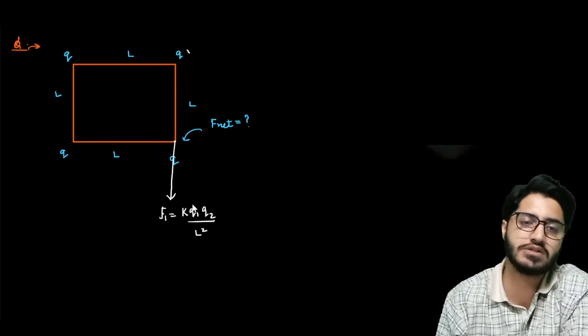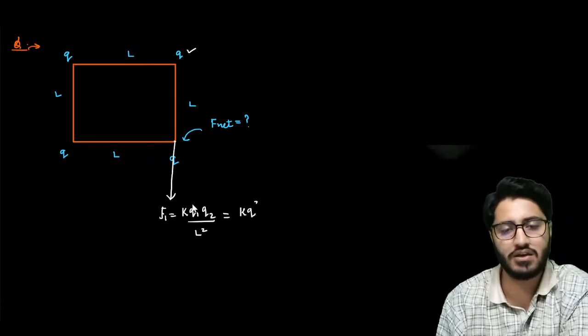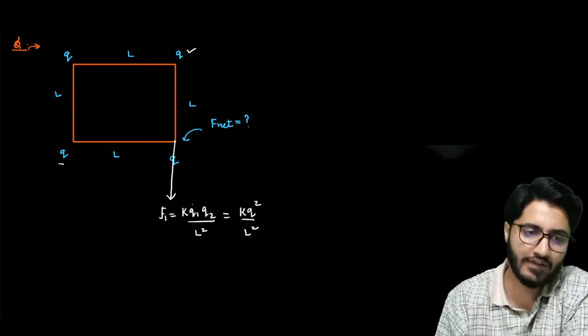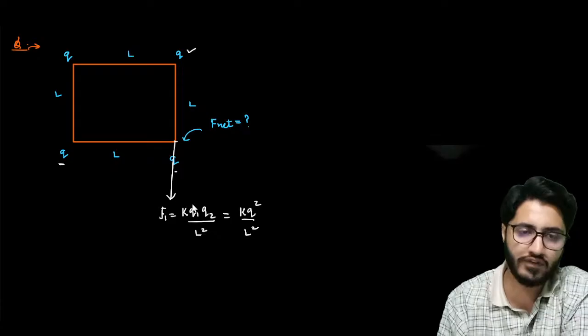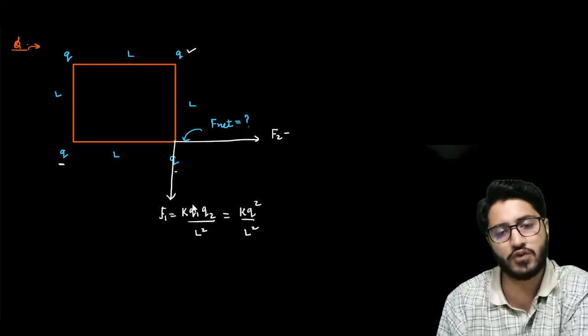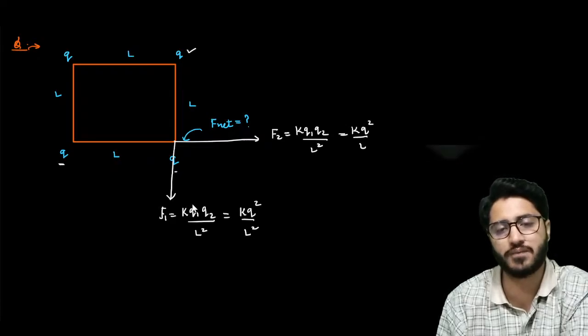Q1 is Q, Q2 is Q, so I will write it as K Q square by L square. In the same way, this will apply a force on this Q, acting like this. F2 equals K Q1 Q2 by L square, and since Q1 and Q2 are the same, it is K Q square by L square.